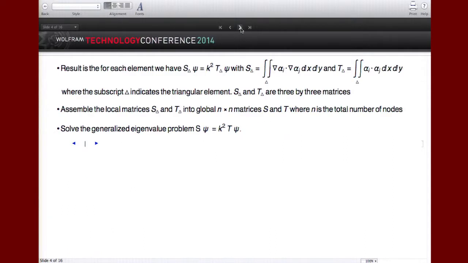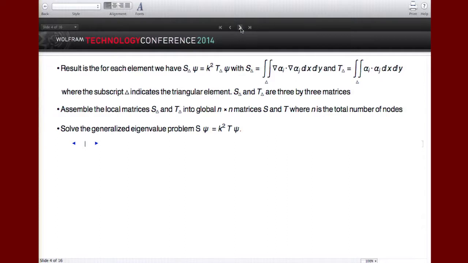So the end result is that for each element we have an equation which looks like this, where S sub delta here indicates that this is the integral over the triangle, and here's T, which is also integrated over each triangle, okay? So the S and T sub triangles are all 3 by 3 matrices, okay?